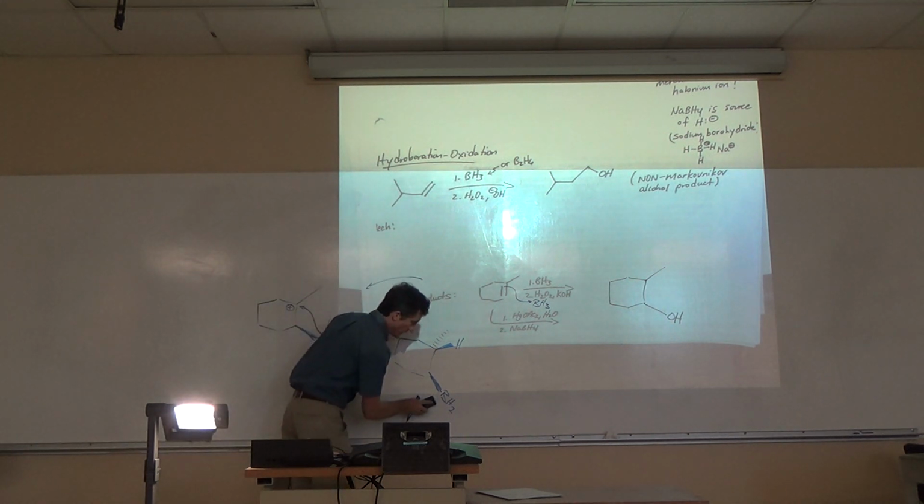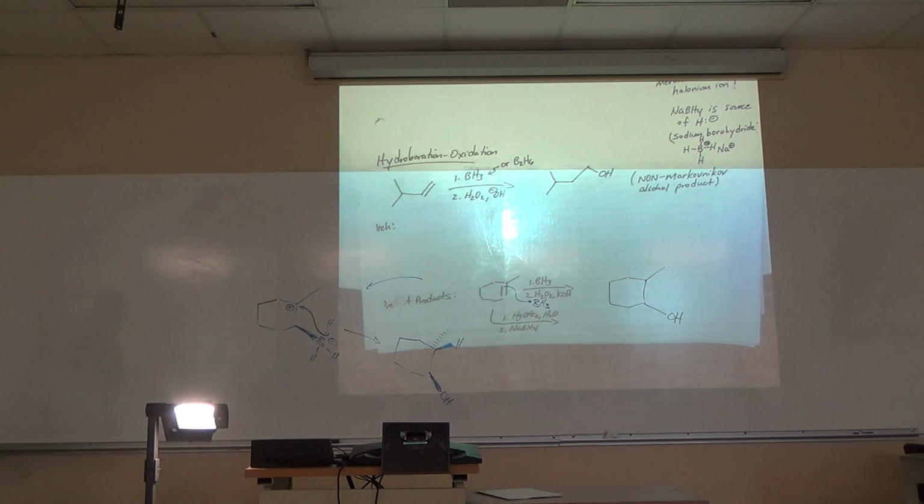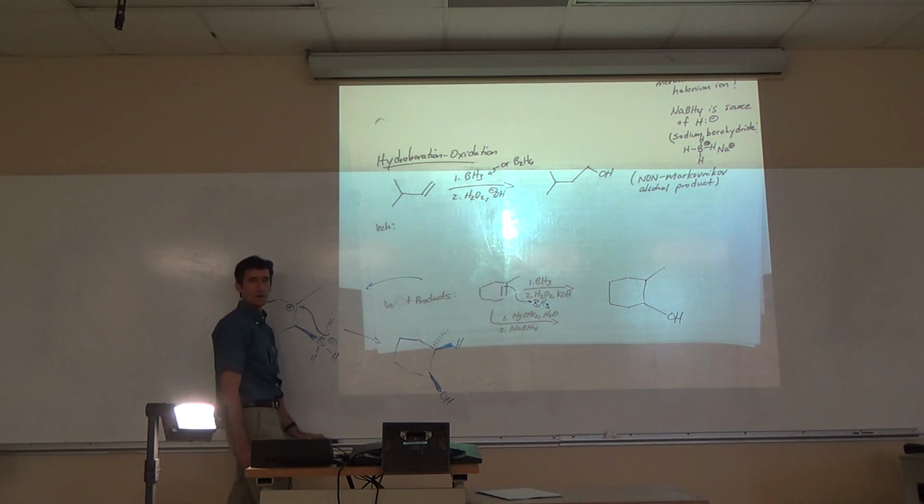That is, we just magically replace the boron with OH. No change in stereochemistry. That's some mechanistic, magic mechanism, isn't it? I'd like to know more about that one. Maybe in next class.